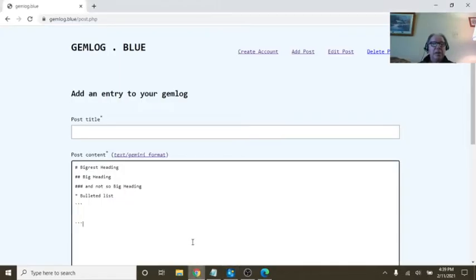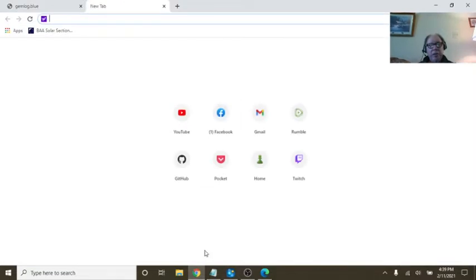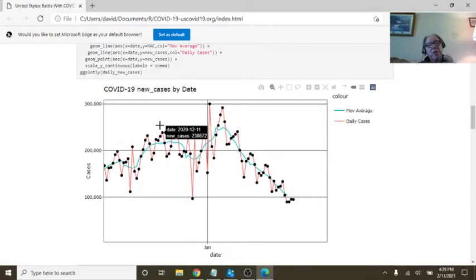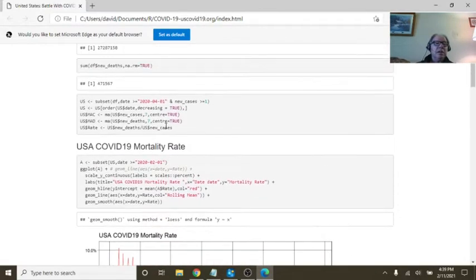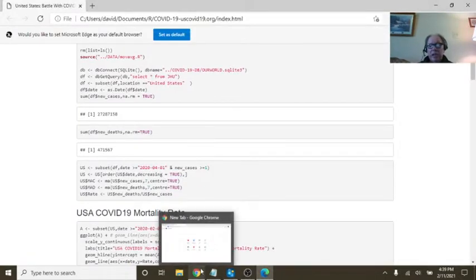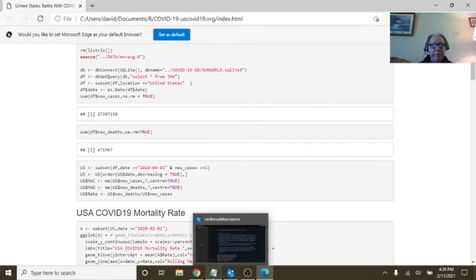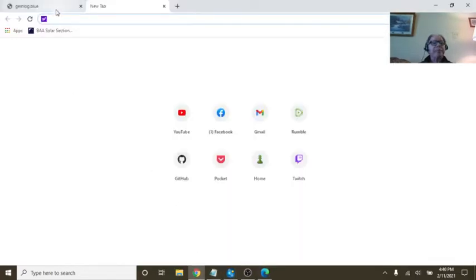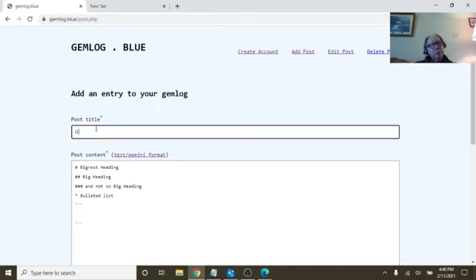What we're interested in today is some numbers for the U.S. for COVID-19 for February 11th, 2021. I'm not going to write a lot.